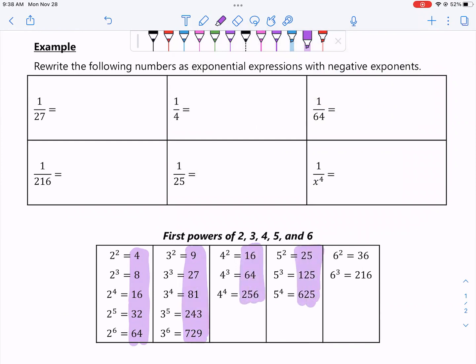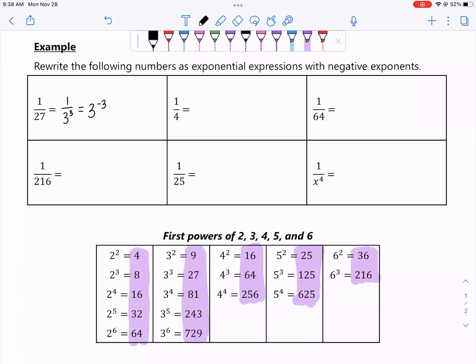All of these numbers here are powers you're going to want to know, because when I go to rewrite something like this as an exponential, I need to know what base I'm looking at. So 27, that's 3 raised to the 3rd power. So 1 over 27 would be 1 over 3 raised to the 3. A positive exponent in the denominator is a negative exponent when I rewrite it, not in the denominator.